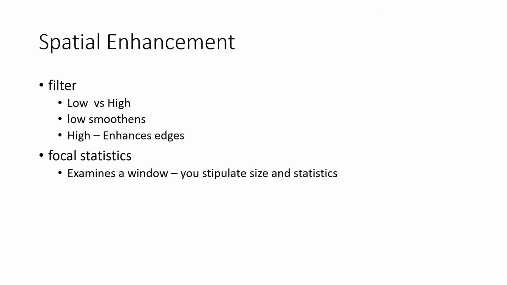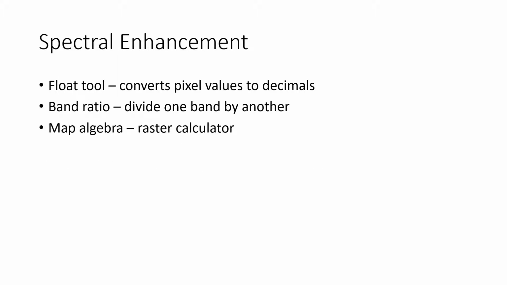We can use our various filters. Low versus high: low smooths things, high enhances things. We can look at focal statistics and see how the overall values change across an entire image. Things like the float tool and the band tool and map algebra all give us a means of processing this data.